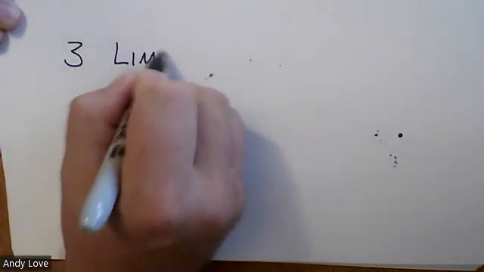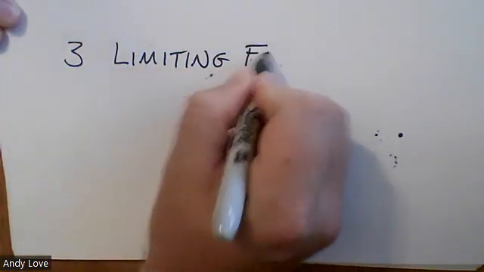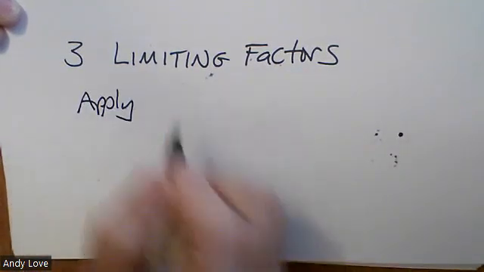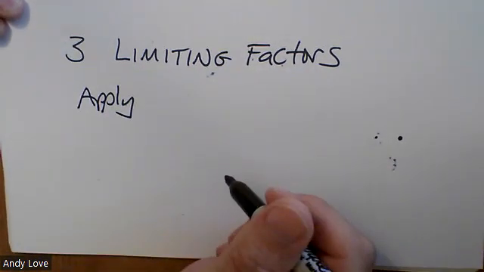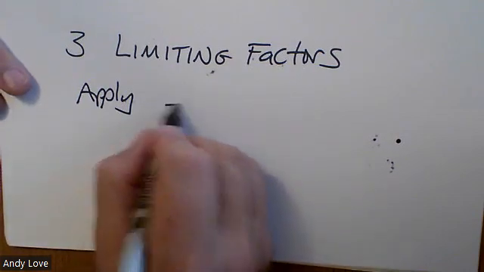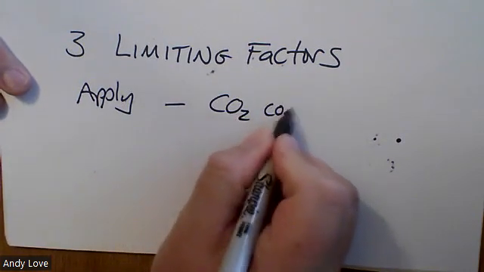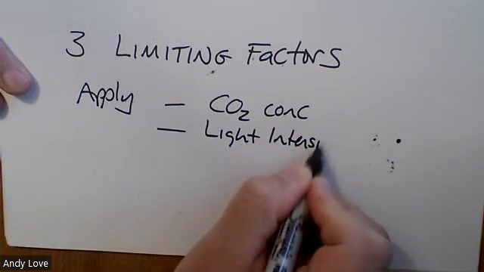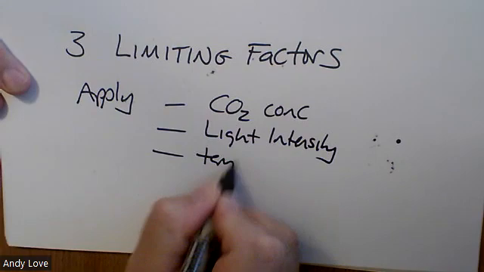So there are 3 limiting factors. And you have got to be able to apply these limiting factors into photosynthesis questions: CO2 concentration, light intensity, temperature.